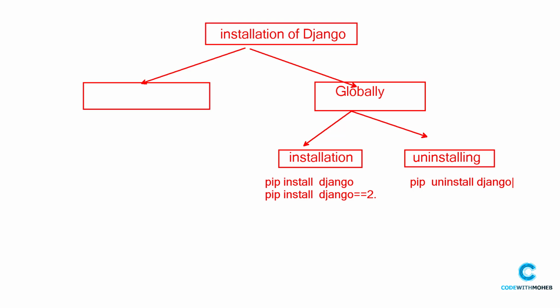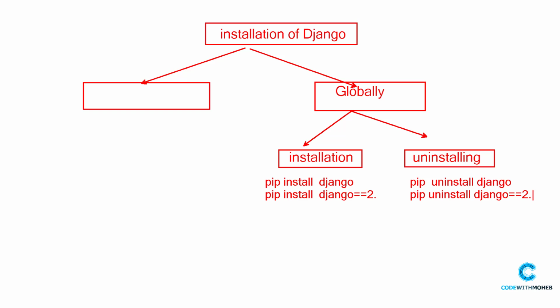In case you want to uninstall a specific version, then we simply type pip uninstall Django equals 2.1, 2.3, 2.4, any version you can uninstall it. Right? Since Django is globally installed, we can create our project anywhere we want. There is no need of activating a virtual environment because we do not have virtual environment in this method.